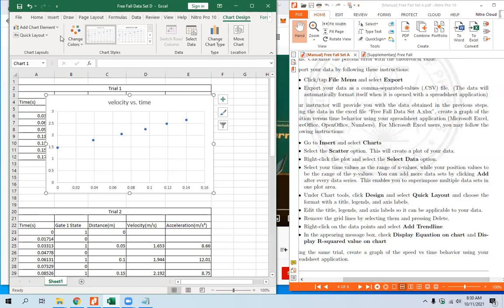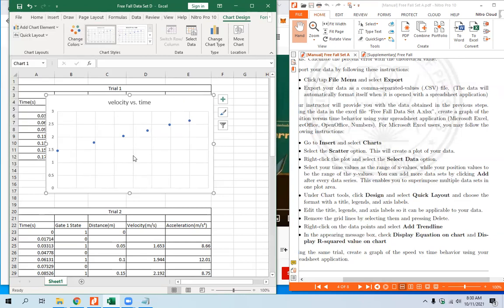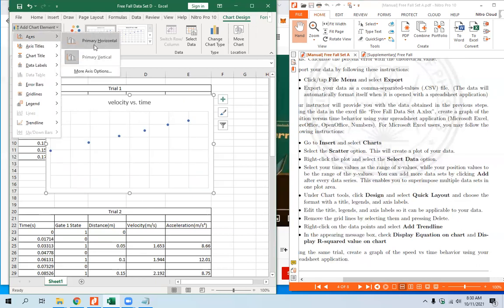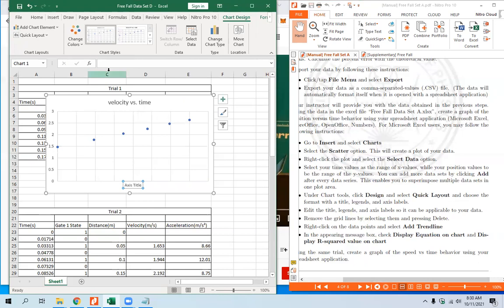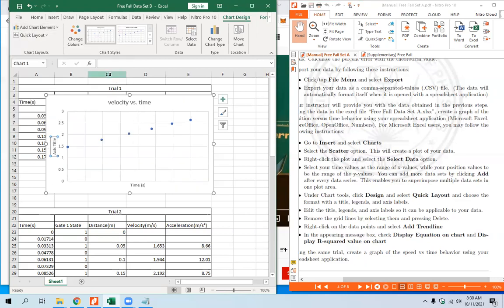So, under add chart elements, you can add your axes, titles. Mag-add ako. Axis titles pala, sorry. Primary horizontal. So, sabi dun, by the rules, label them with their corresponding units. So, time. Same sa vertical.